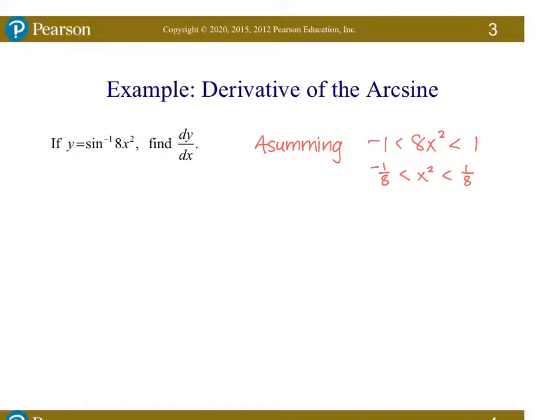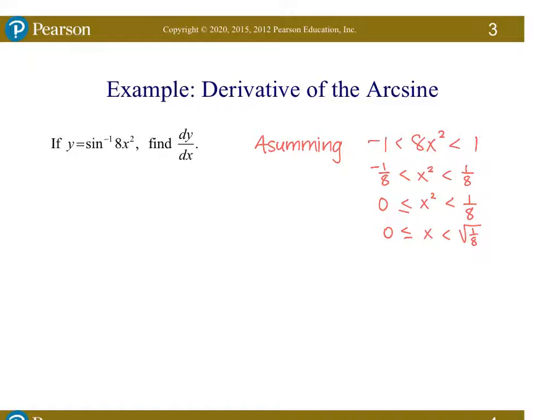Then taking the square root, which you can't do of a negative number, you have to shorten this up, and it has to be between 0 and 1/8. An x squared term always has to be positive, could be equal to 0 also. And then we take the square root of everything. So x must be between 0 and the square root of 1/8. So that's the domain of this problem.